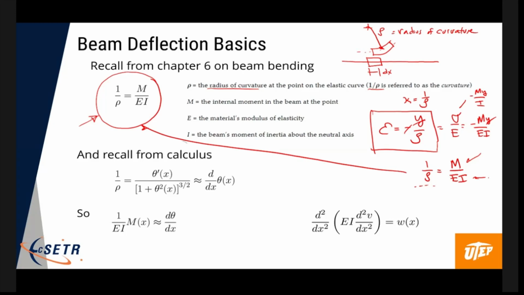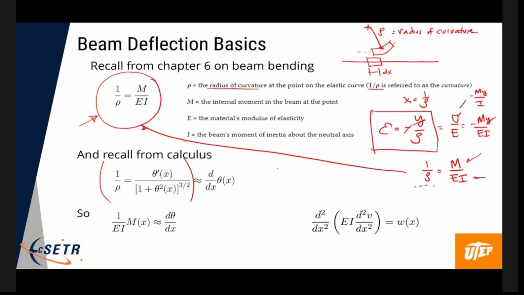Now, if you go back to your calculus class, when they talk about slope and deflection, they give you the exact, nonlinear relationship between the curvature and the derivative of the slope: the first derivative of the slope over the quantity slope squared plus 1, to the 3/2 power.